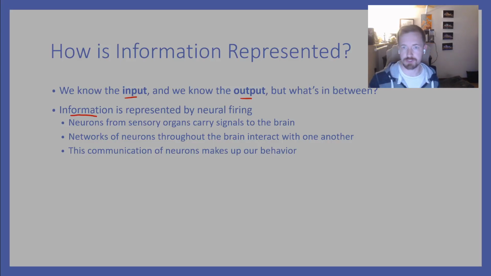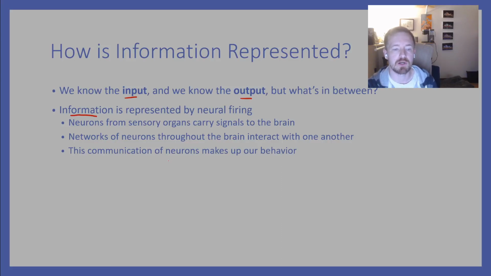Information is just a shortcut way of describing an action potential. If you remember action potentials from your Psych 101 class when you talked about the anatomy of the neuron, that information is those action potentials firing down the length of an axon or down the length of a neuron. If all that stuff is unfamiliar to you, definitely crack open Wikipedia or something like that to remind yourself. We'll talk about some of those things, but that's the basis of our conversations today.